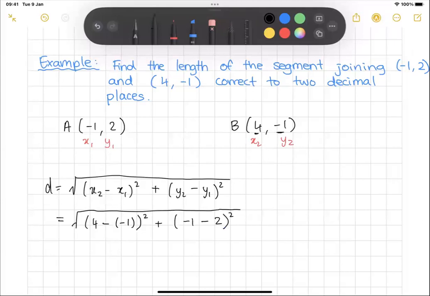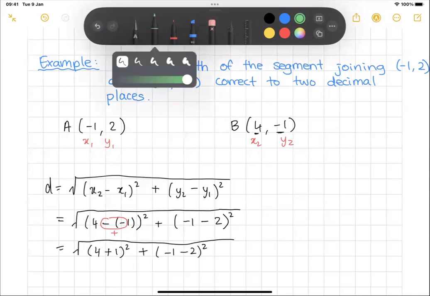Now, all you can do is put this into the calculator. It may be a bit more confusing having these negatives, so all you can do is remember that a negative and a negative turns into a plus, and you can rewrite it before you even put it into the calculator if you like. It'll be 4 plus 1, whole squared, plus -1 minus 2, whole squared.